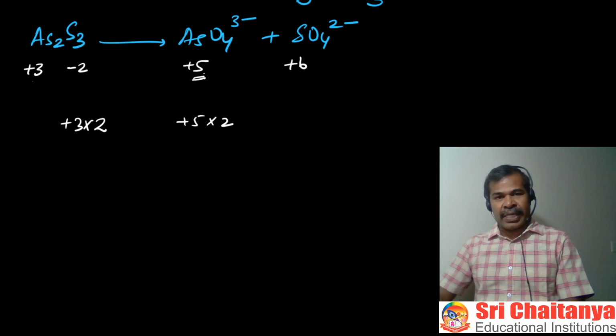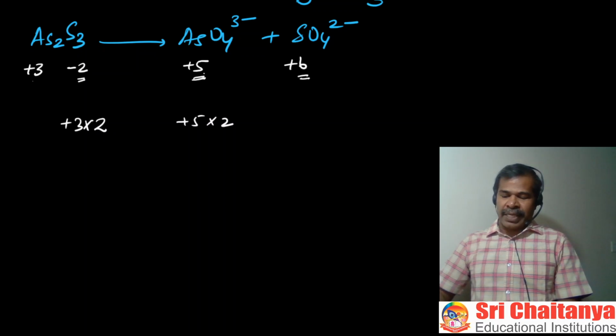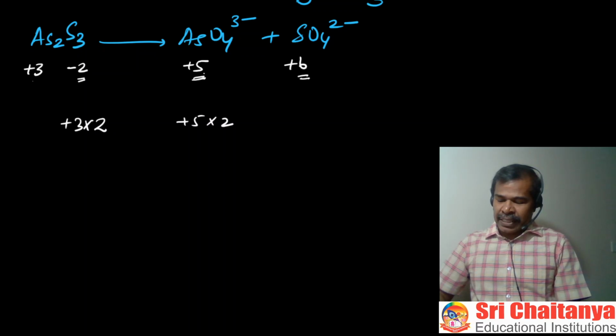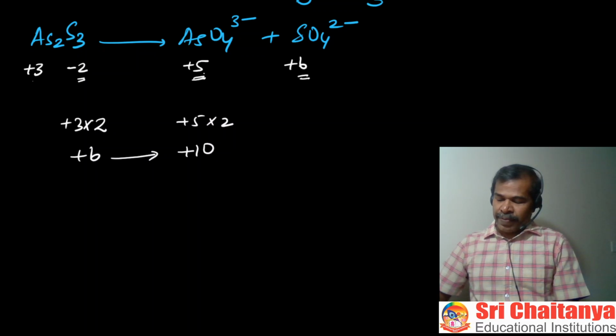Sulfur is also from minus 2 becoming plus 6. Both are getting oxidized. So plus 3 into 2 to plus 5 into 2 is for arsenic. So the number of electrons transferred is plus 6 changing to plus 10, a loss of 4 electrons here.